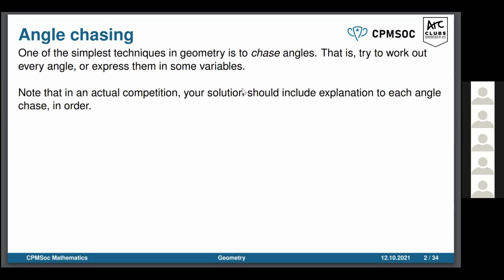Like, because they are alternate interior angles and therefore these two angles are equal, or because two angles are from the same line, therefore they add up to 180 degrees, things like that. And the most important tip for any geometry problem is to actually draw them out. So when you're doing geometry problems, you have to draw diagrams out, and that will make the question a lot easier.